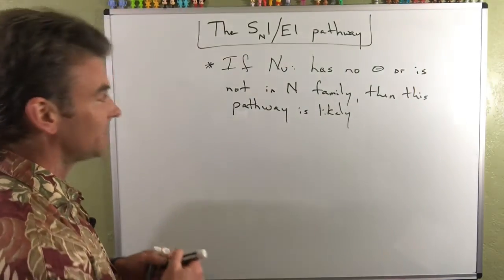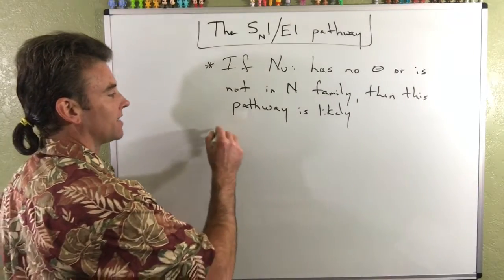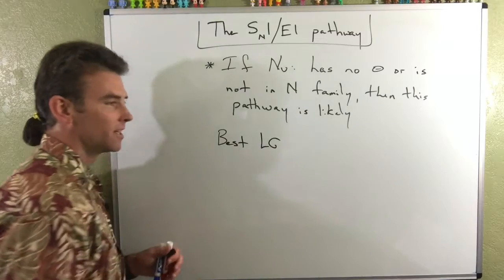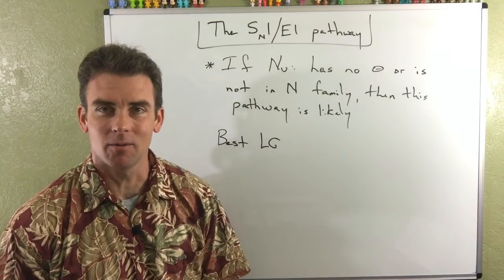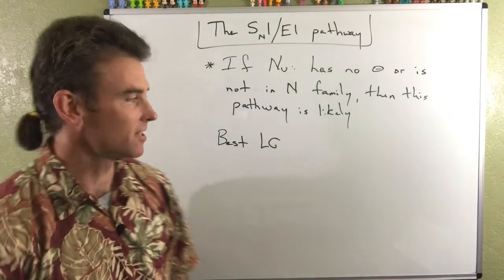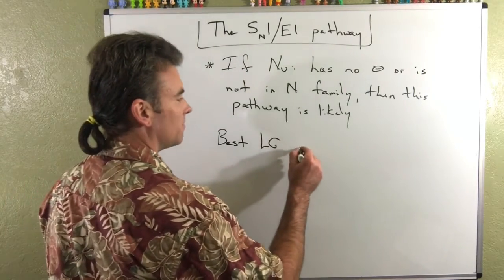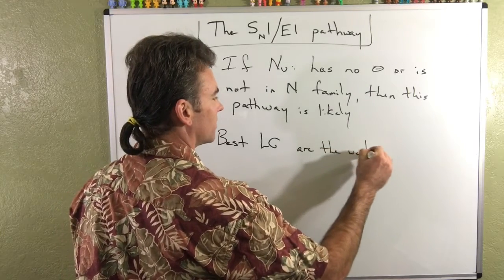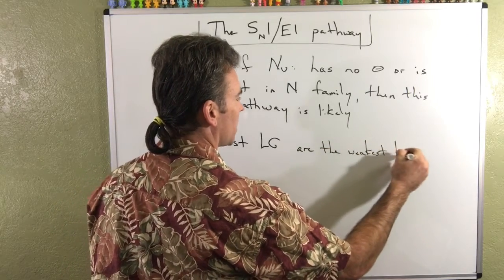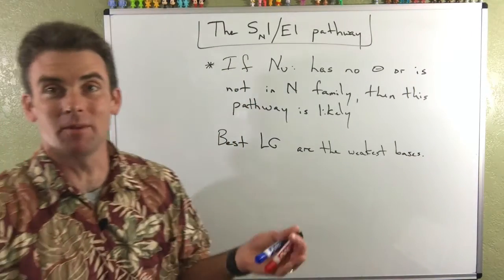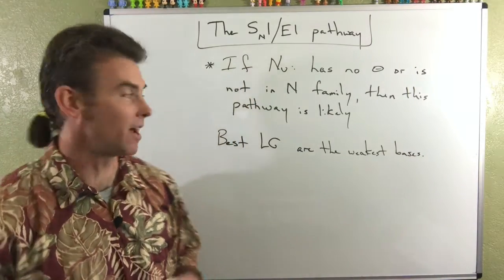One of them is that the best leaving groups, right? In other words, the leaving groups that you're going to sit there and wait around for, the ones that are more likely to actually show some sort of reaction, are the weakest bases, or worst bases, right? And that's actually a similar concept between the two pathways.